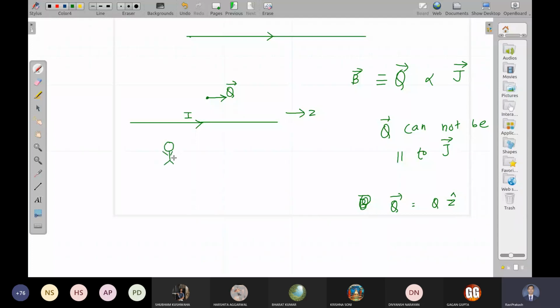What is your observation? What is the direction of current? Left to right. Direction of Q? Left to right.